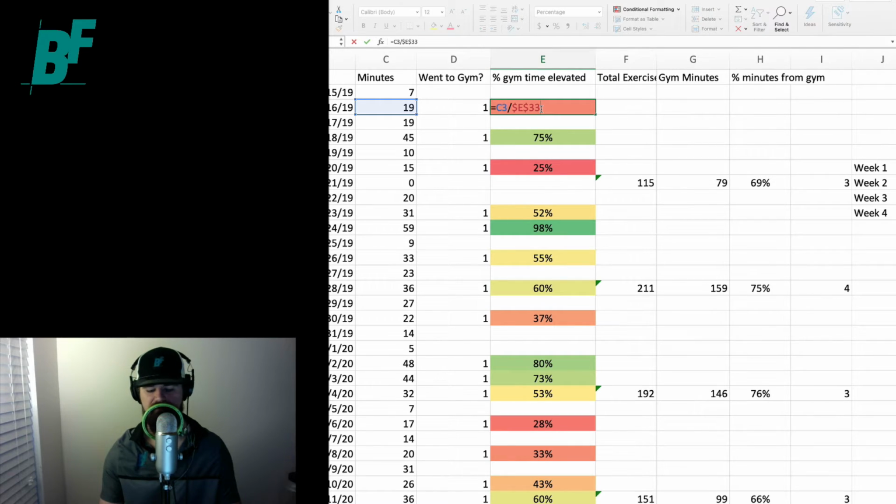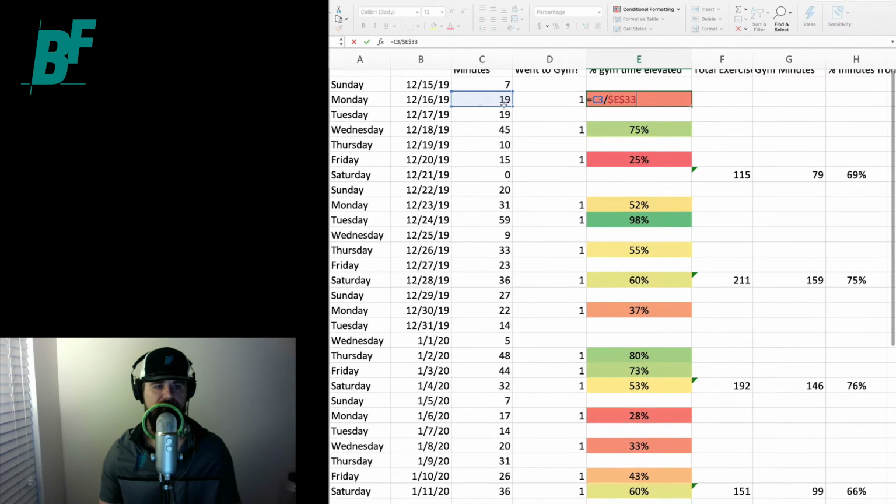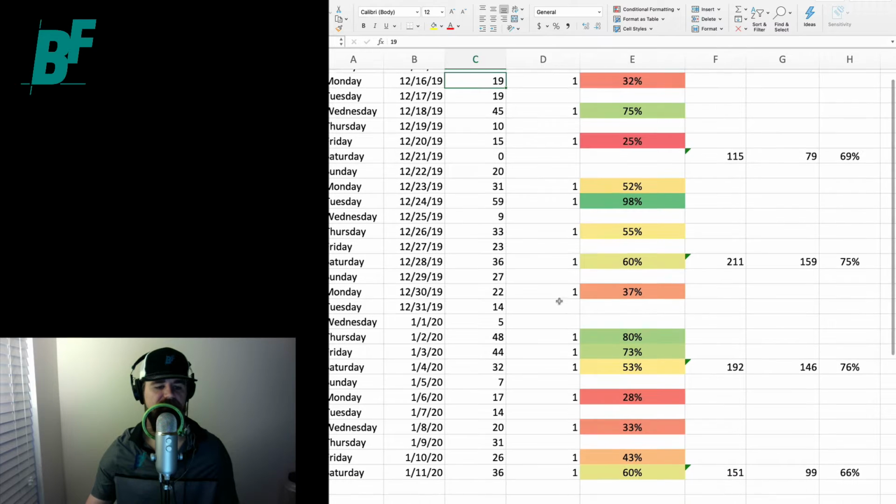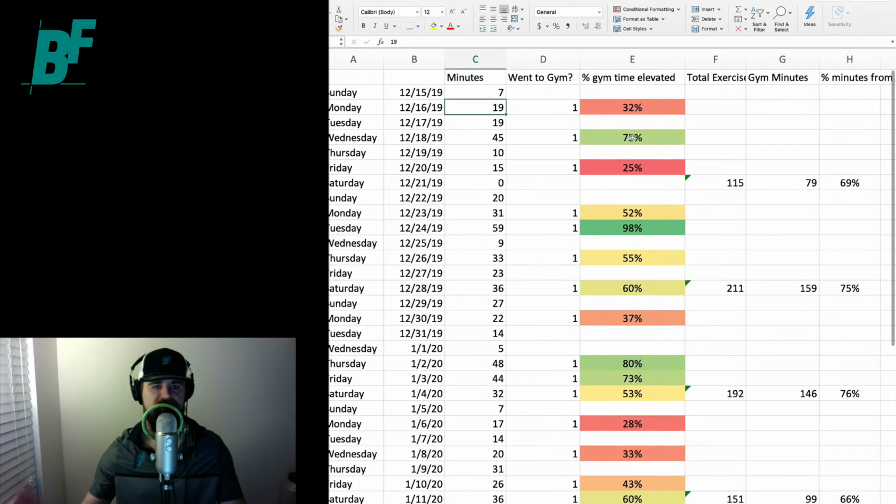So what did I do here? I took 19 minutes and divided it by 60 to get this elevated time, and I color-coded it here. Green would be the workouts where my heart rate was the most elevated during that 1 hour, and red was when I was at the gym, but my heart rate was not as elevated.